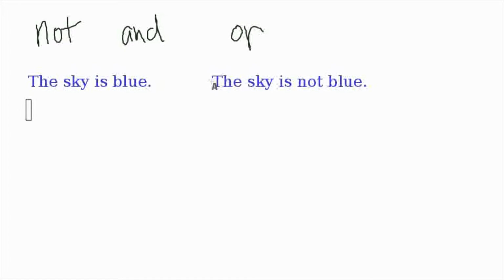So when you have a statement that you've put a not in, that's called a negation. Okay, a negation of the original statement. Now, you can always take that to the bank. If a statement is true or false, the negation will be the opposite. Okay, it'll always be different. That's what's interesting about negations.